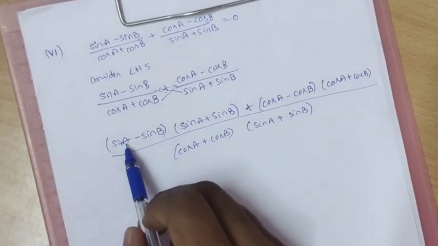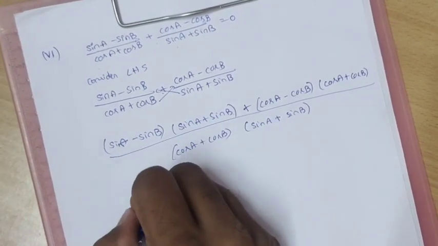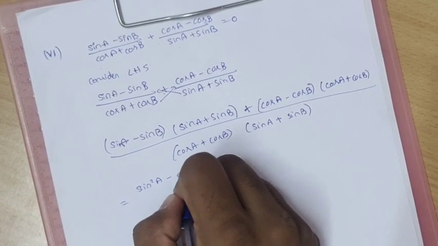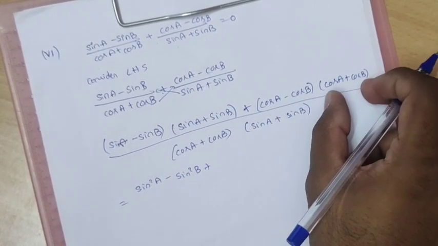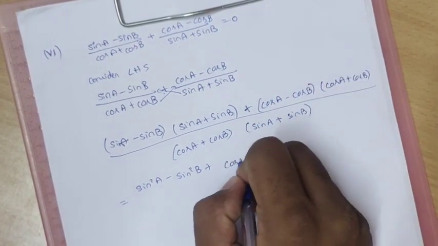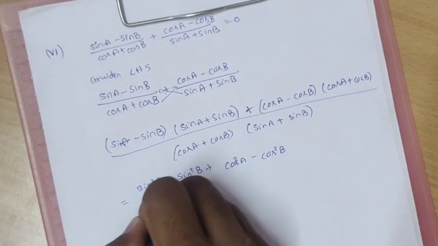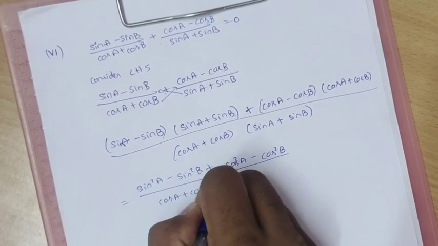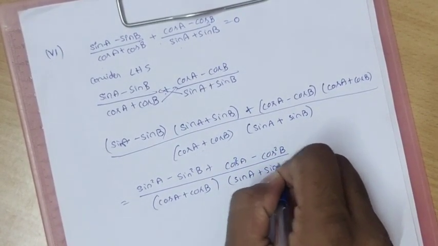Now can you observe here, it is in the form of a plus b into a minus b. So that can be written as sin square a minus sin square b. Similarly, this is also in the a plus b into a minus b form, so that can be written as cos square a minus cos square b, whole dividing by cos a plus cos b into sin a plus sin b.